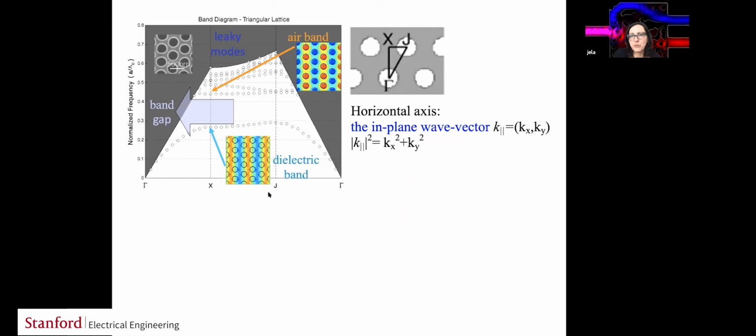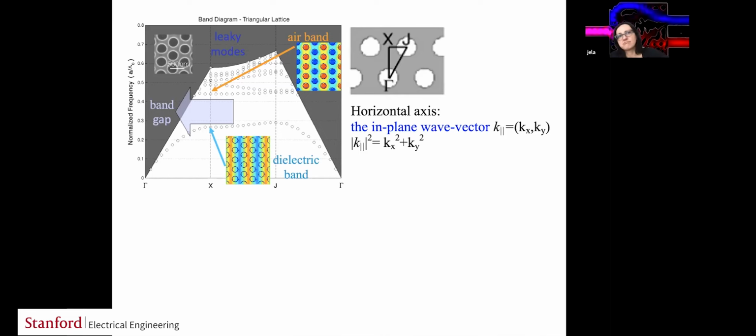Light line would be what? Light line for this plot would be defined in what way? Light line for 1D was omega equal to c times kx. But now I have on the horizontal axis kx and ky, so the total value of the k vector would be kx squared plus ky squared.